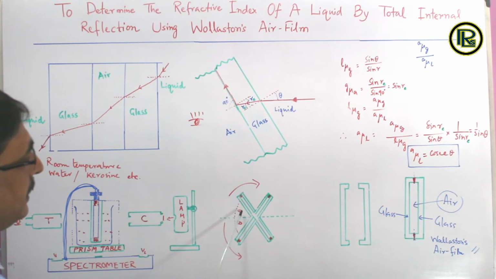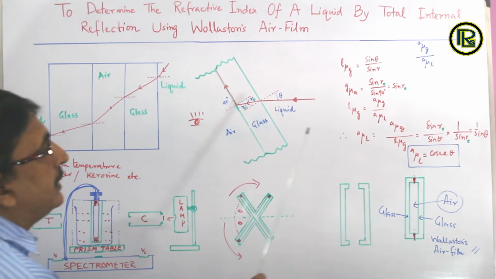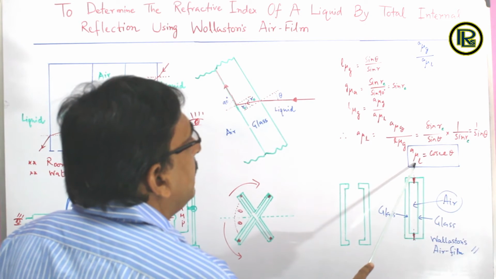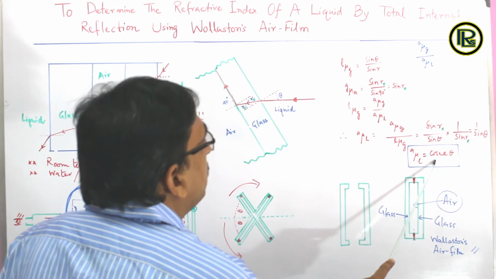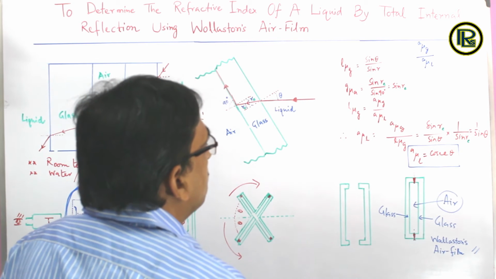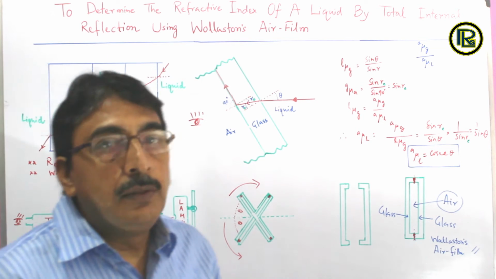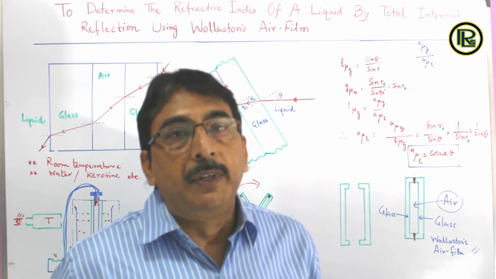So measuring this theta, we can calculate the refractive index of the liquid with the help of this working formula, mu L is equal to cosec theta. So now let's do the experiment.